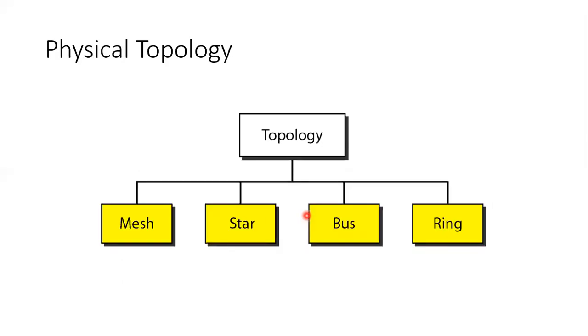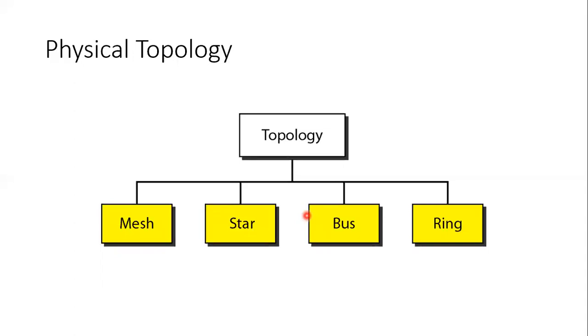Then next one is topology. What is a topology or a physical topology? The physical topology refers to the way in which a network is laid out physically. That is, two or more devices connected to a link.